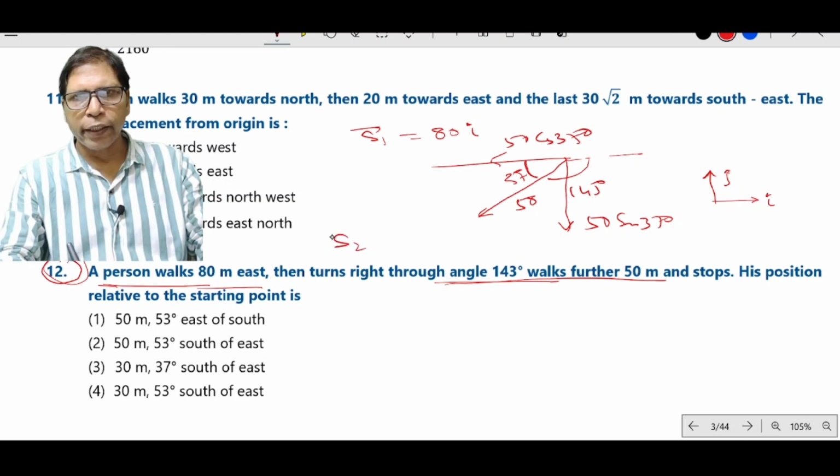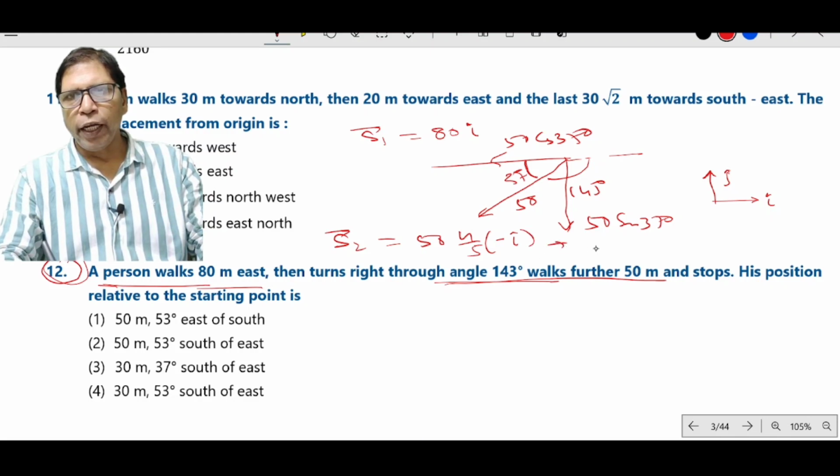So S2 vector equals 50 cos 37, which is 4 by 5, along west, so this is minus i cap. And this is 50 into 3 by 5 south, that is minus j cap. So this is minus 40 i cap and minus 30 j cap.